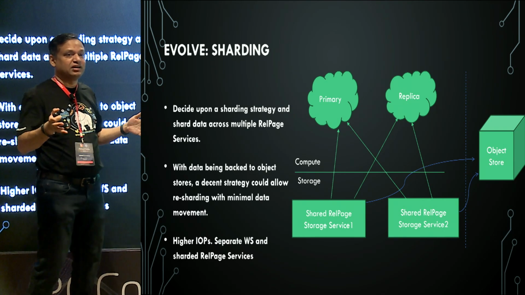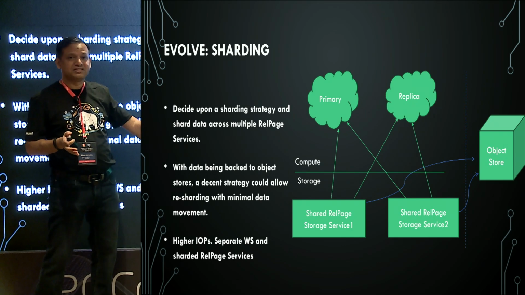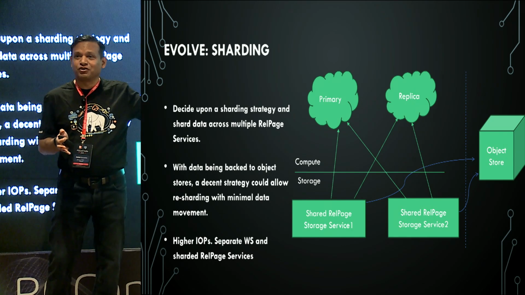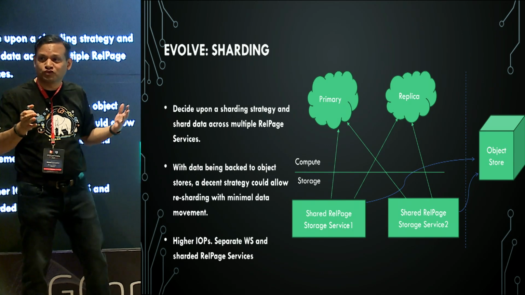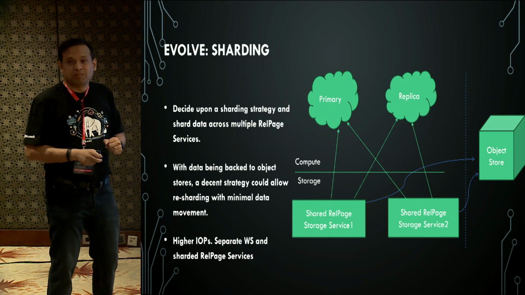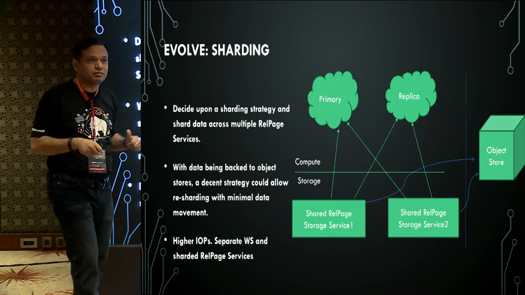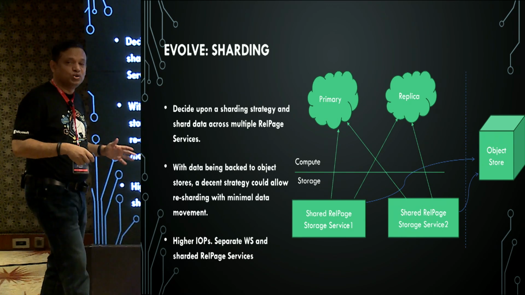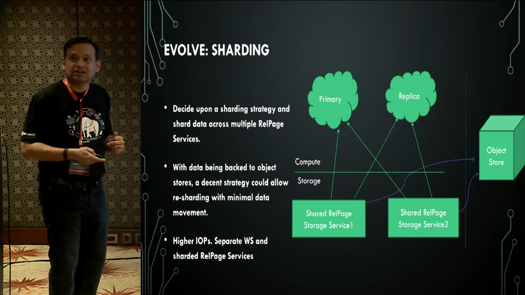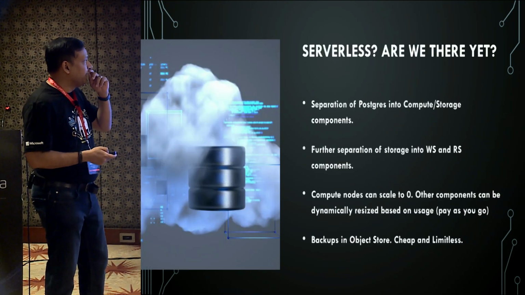You could say, my first 1 GB segment goes to rel page server 1, the second 1 GB segment goes to rel page server 2, and so on and so forth. With this, you can get the benefits of more parallel IOPS. The queries can go to multiple page servers, and you can get efficient sharding and data scaling with this architecture as well.